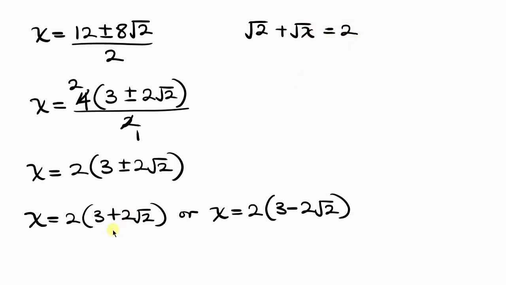And from these two given answers, on checking, we see that 2 times 3 plus 2 root 2 does not satisfy the equation. So we're going to be rejecting this answer. But this, which is 2 times 3 minus 2 root 2, actually satisfy the given equation. So this is a tick.